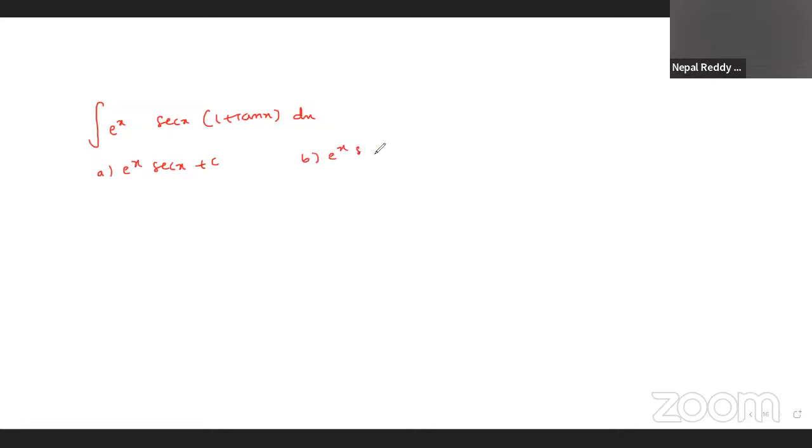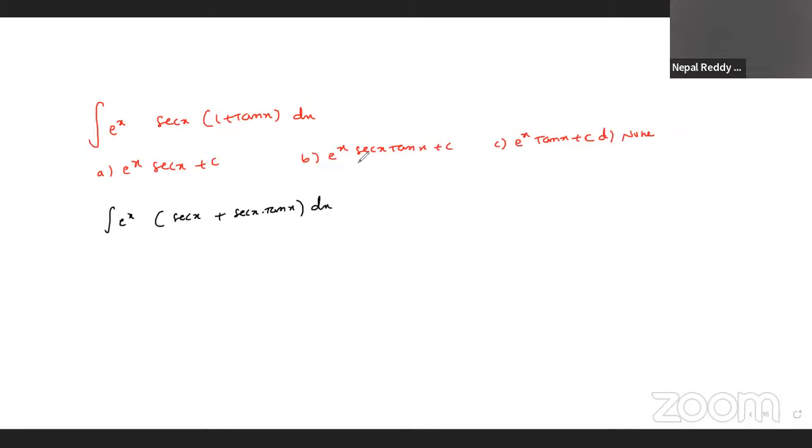Option B, e power x into secant x into tan x plus c. Option C, just e power x into tan x plus c. And option D, none of these. Here, the given integral is written as e power x into first secant x, next plus secant x into tan x into dx.